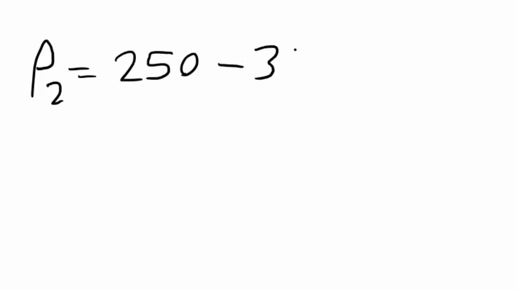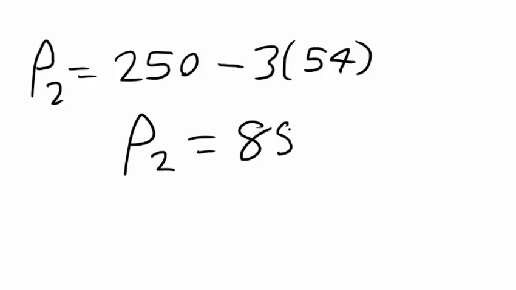And we would do the same thing for price 2, which had a similar price function of 250 minus 3 times quantity 2, which we know now is 54, and we get a price 2 of 88. So, consumers that fall under the block for P1 and Q1, we would charge them $169 per quantity, or in this case per kilowatt hour used. And for the consumers that fall into the second block, we would charge them $88 per kilowatt hour used.